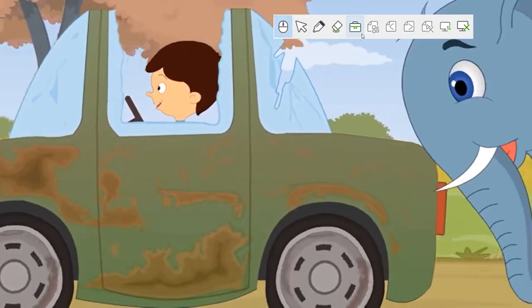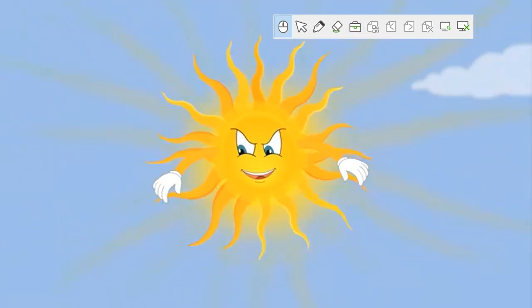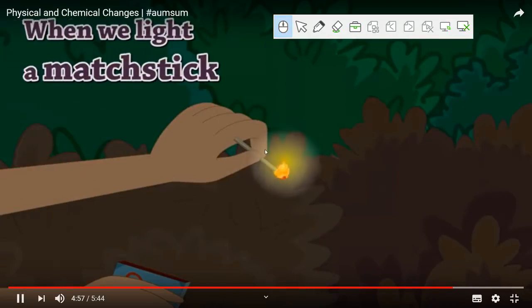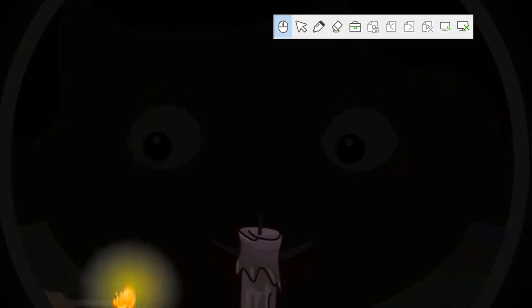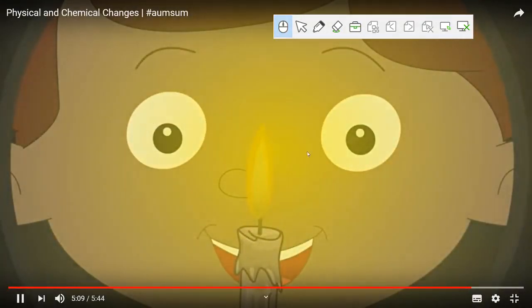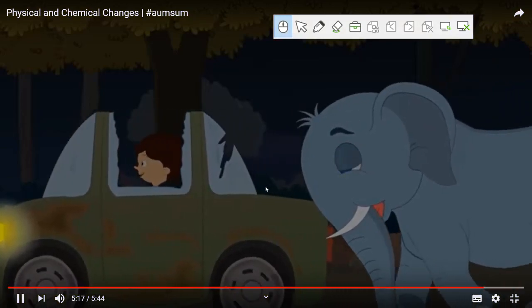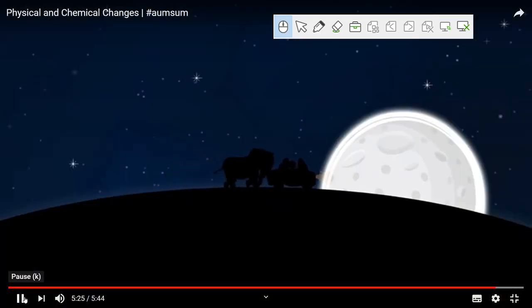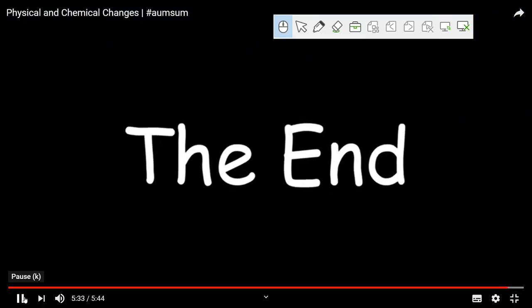React with carbon dioxide and water. The candle. The end.